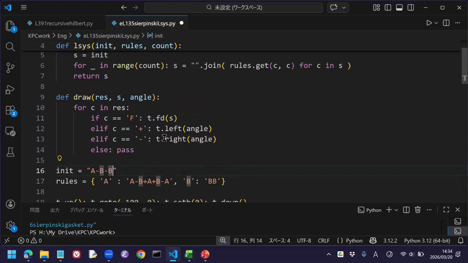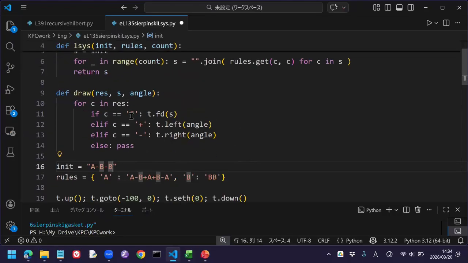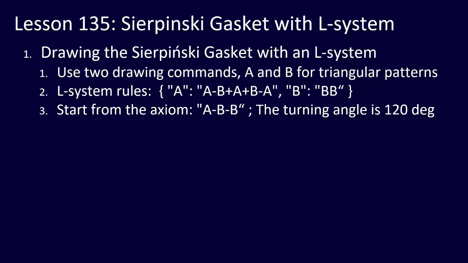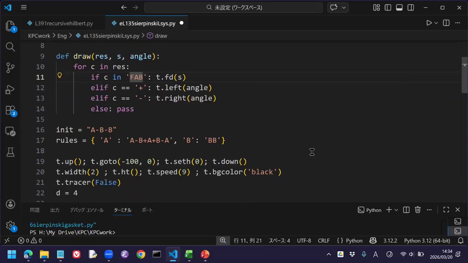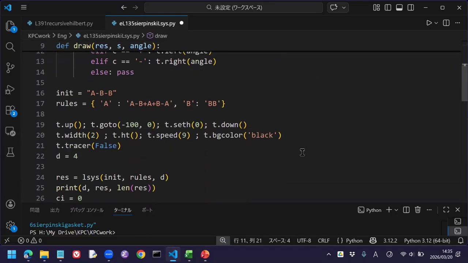We will change the drawing part so that instead of just F, if we see F, A, or B, we will draw forward. Plus is the same and minus is the same. That's all, and the turning angle is 120 degrees. Anyway, let's see what it looks like.